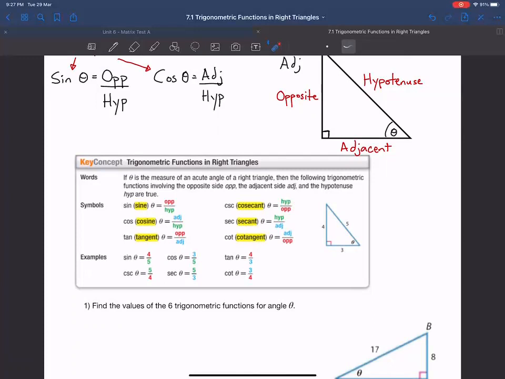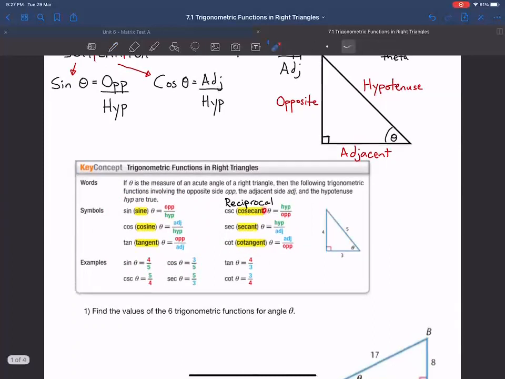In general, these three are called my primary trig functions, and these three are called my reciprocal trig functions. Cosecant is 1 over sine, secant is 1 over cosine, and cotangent is 1 over tangent.